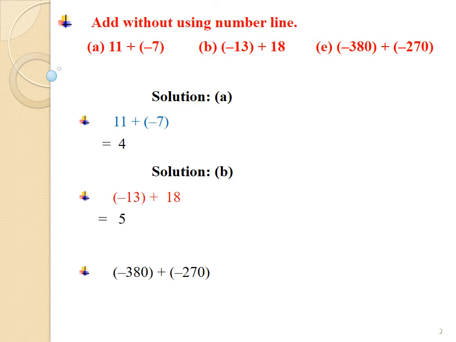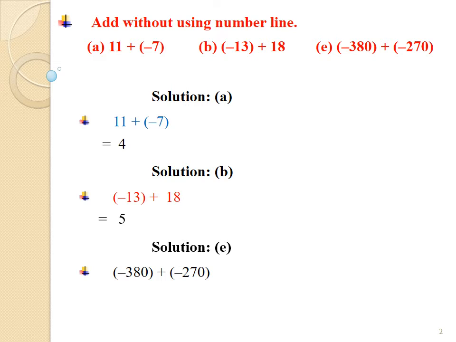Now, sum E. Minus 380 plus minus 270. Students, in this sum, both the integers have common sign or same sign. That is, both the integers are negative.